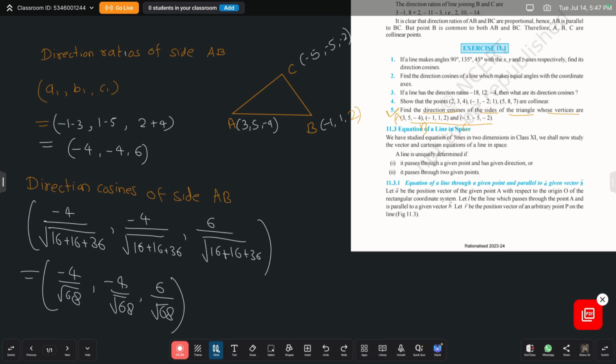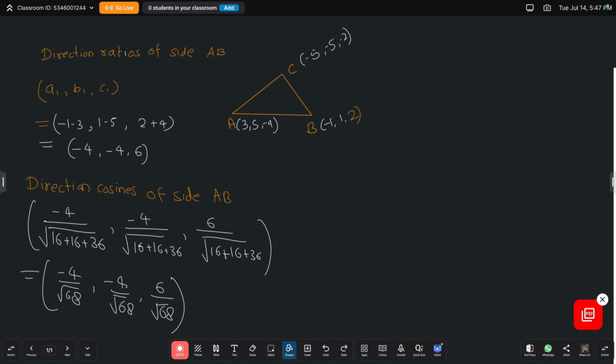Similarly, the direction cosines of side BC and the direction cosines of side AC. Direction ratios first. Direction ratios of side BC: A2, B2, C2.